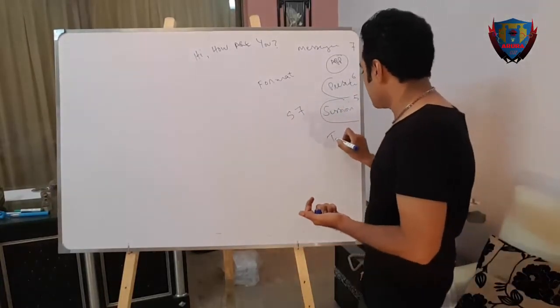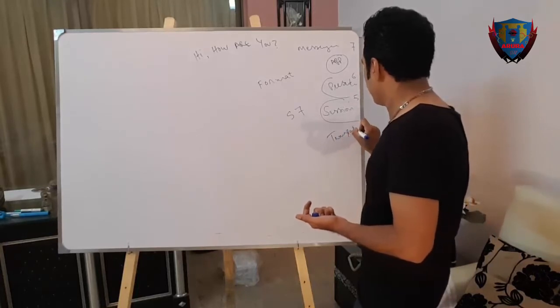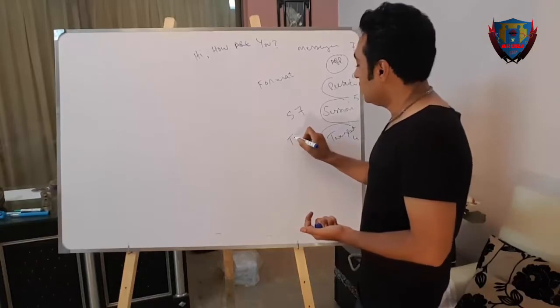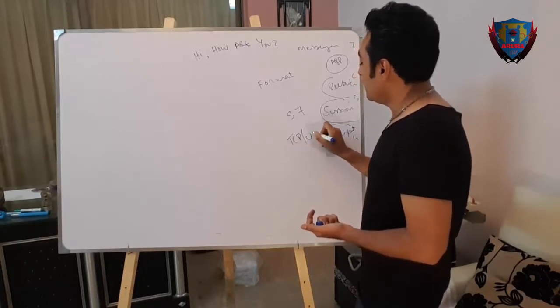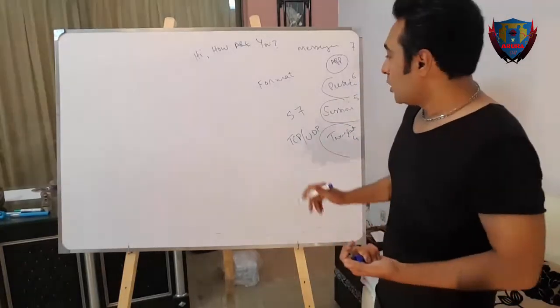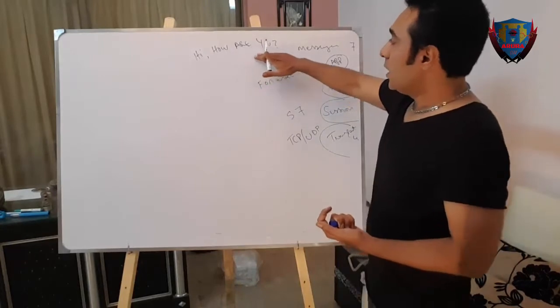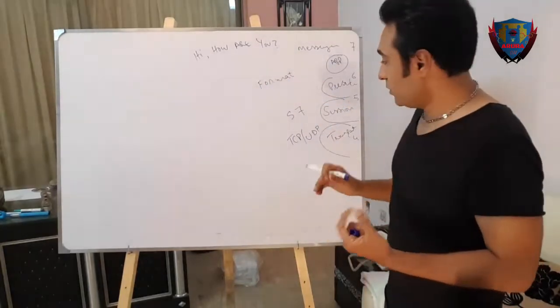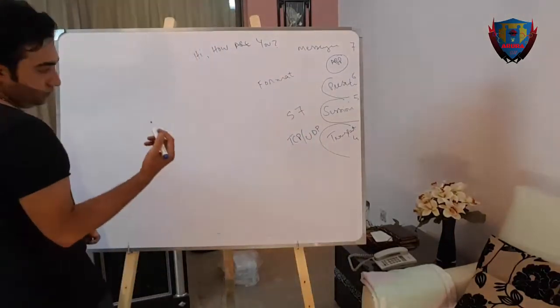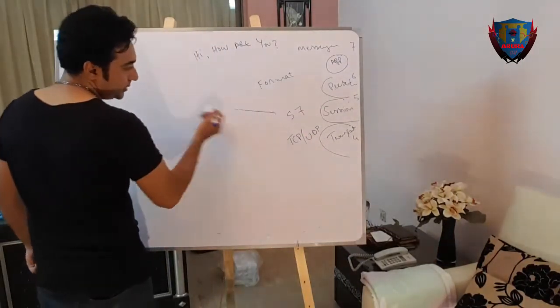Next layer is the transport layer, which is layer number 4. On the transport layer, the TCP or UDP protocol will come into play. This is connection oriented, this is connectionless. Because you are sending a written text message to your friend, you need to have quality of service applied on your channel, on this link.